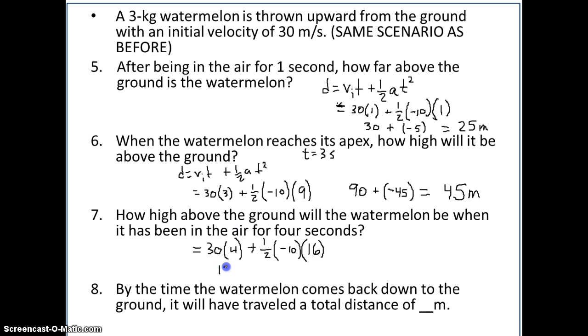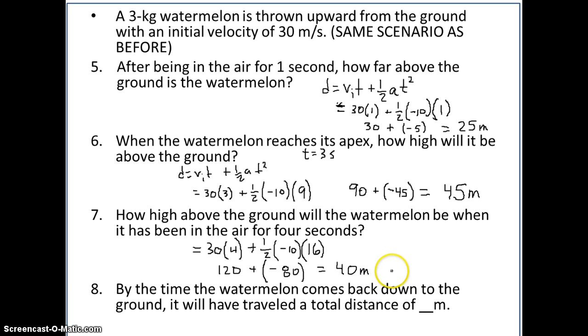That's 120. 16 times negative 10 is negative 160, times 1/2 is negative 80. So 120 plus negative 80, I get 40.